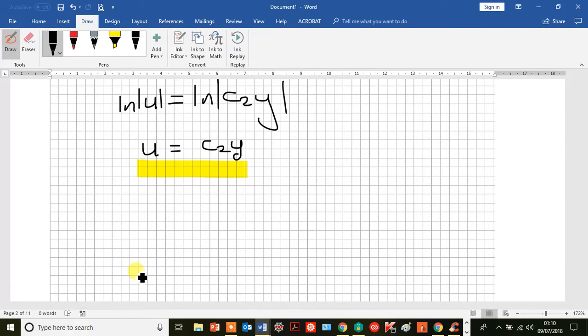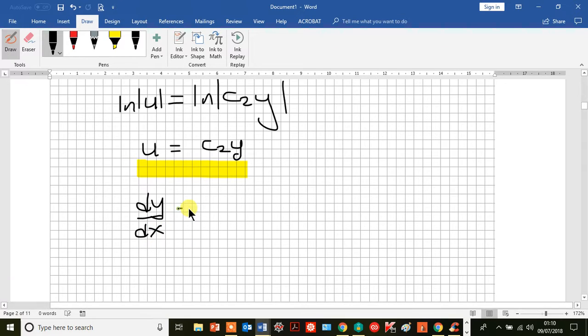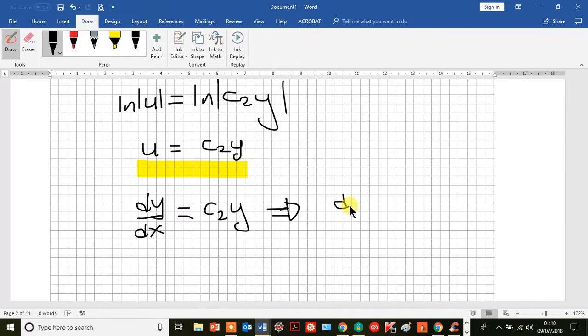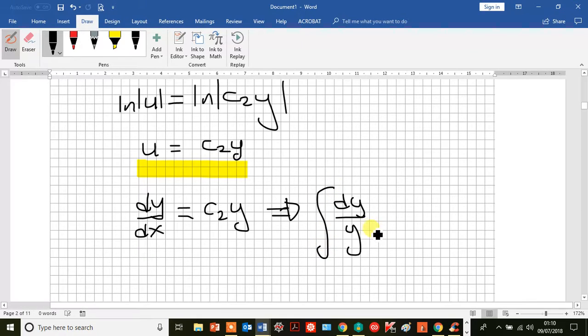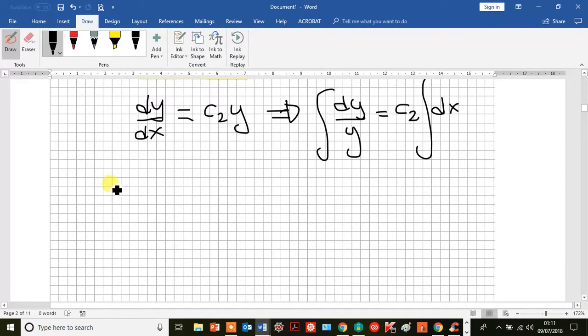Well, we know what u is. u is dy by dx, and that is equal to c2y, which means, if we separate the variables out again, we've got the integral of dy over y equal to c2 times the integral of dx. Well, that's fairly easy to solve, I hope.